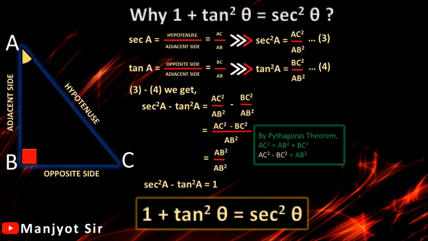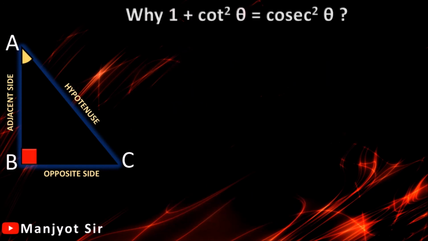Chalo, let's begin with the last and very simple proof, that is the proof of the third identity, 1 plus cot square is equal to cosec square theta. Here we need two trigonometric ratios, that is cot and cosec. So first let's get the formulas for cosec and cot. We all know cosec is hypotenuse upon opposite.